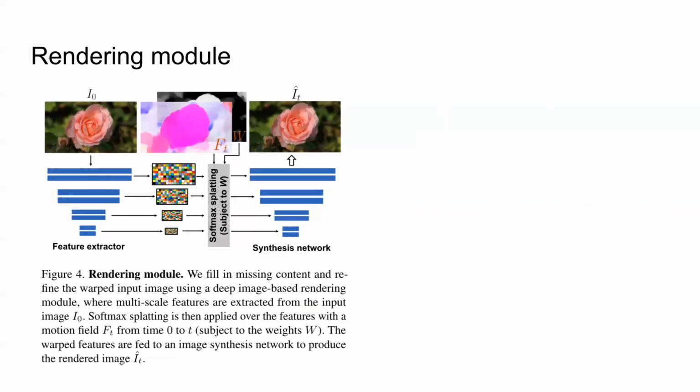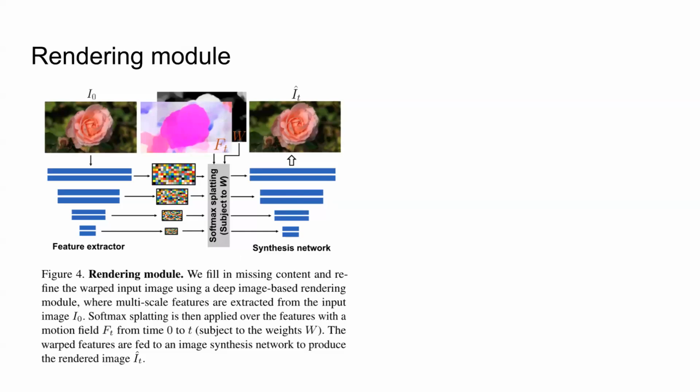After that, you would get what we call warped features. Then you can feed all these features into the synthesis network, which is like a decoder: it takes in some numbers and converts them into RGB pictures. So that's a high-level idea.